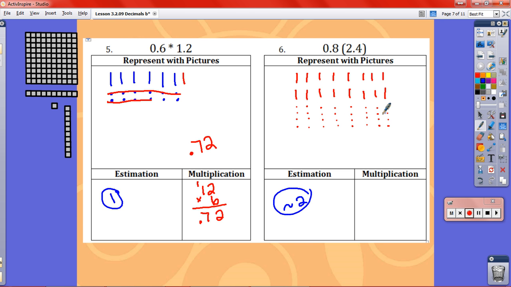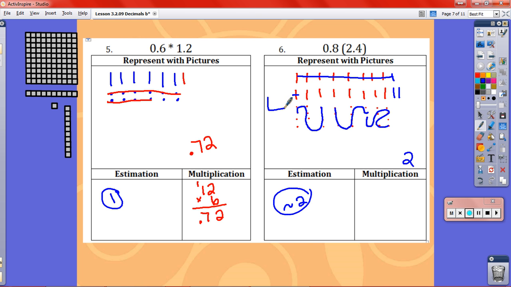We combine any, that's 8, 10, add another one of these, and 2, 4, 6, 8, 10. Add another one of these, and 4, 8, 10. Add another one of these, so I end up with 2 hundredths left over. And then 1, 2, 3, 4, 5, 6, 7, 8, 9, 10.